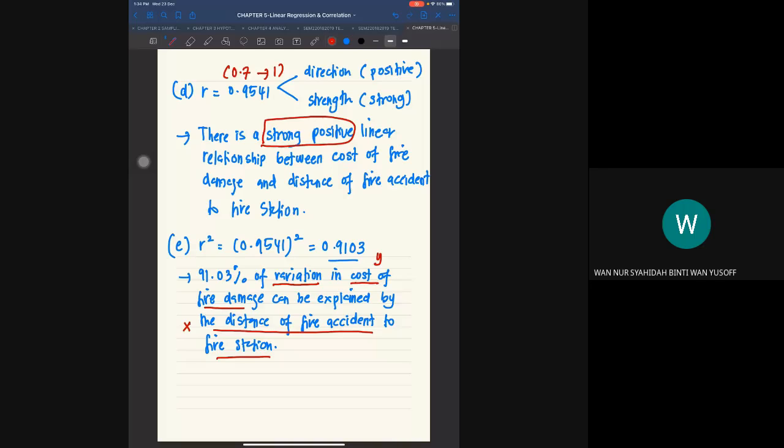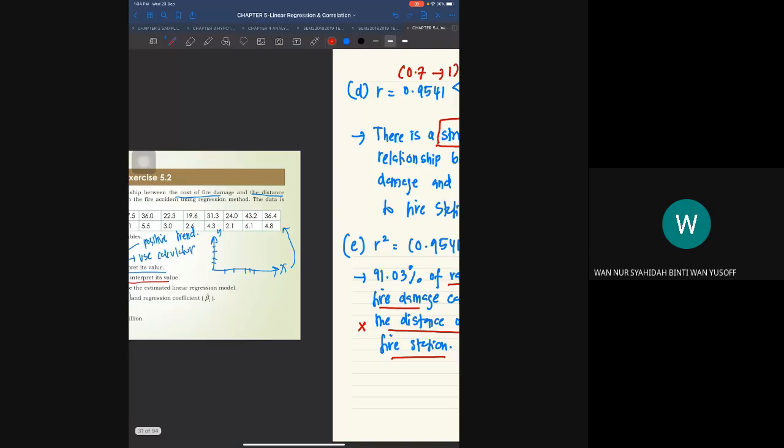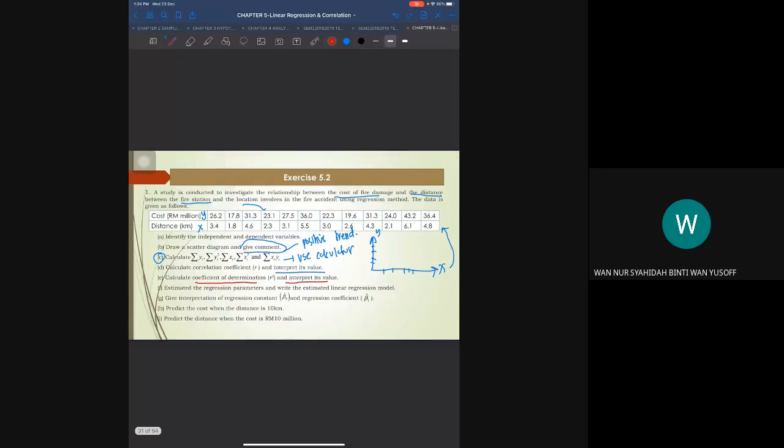Okay. Next. Estimate the regression parameters and write the estimated linear regression model. After you estimate the regression parameters, meaning you have to find beta naught cap and also beta 1 cap, then write the model. If you write the model, you get another mark.